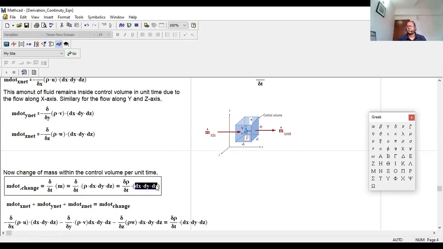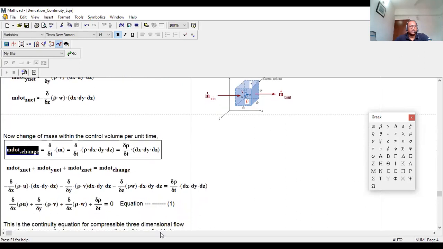Now, what do you see? This is the mass increase or decrease inside the control volume. So if I sum the net mass flow rate along the x-axis, y-axis, and z-axis, that will be equal to this term.